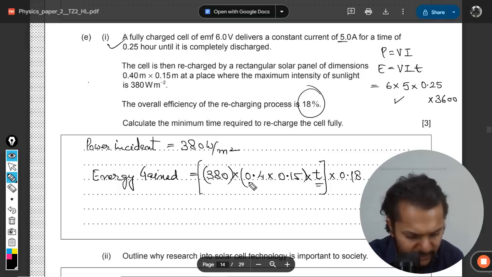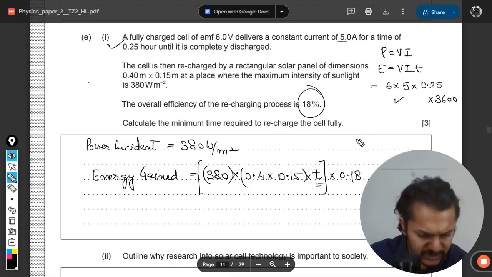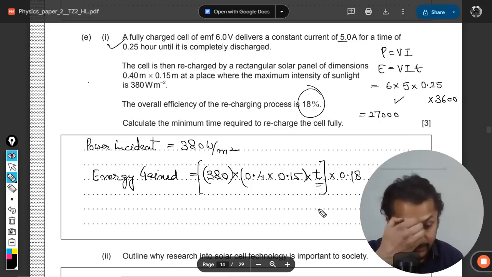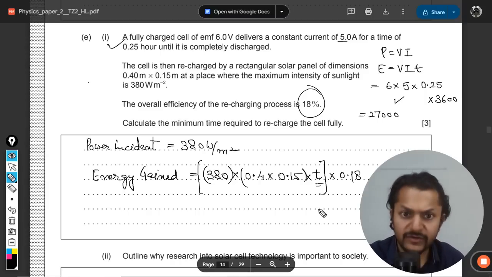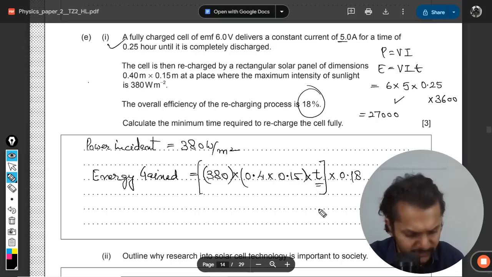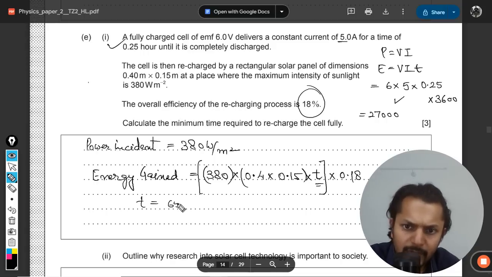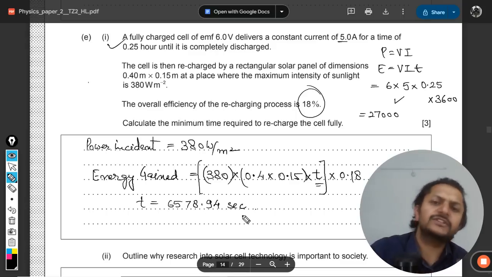So I would be using my calculator now. 5 6 are 30. 30 into this 0.25. So this is coming out to be 27,000 divided by 380 into 0.18. So the answer is coming out to be 6578.94 seconds.